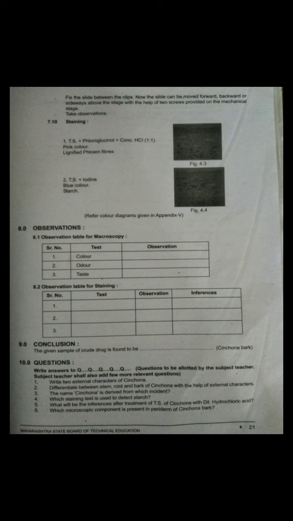Then observation. In that, there is an observation table for macroscopy and a second observation table for staining. In macroscopy, write down the test and observation: color, odor and taste.